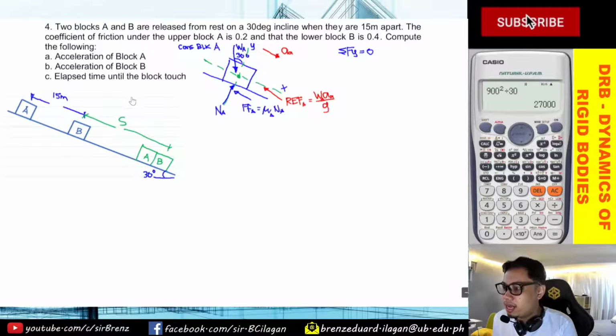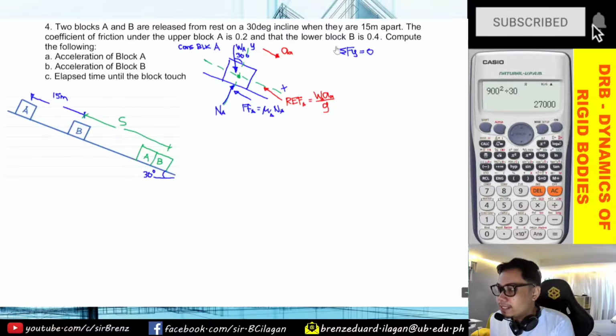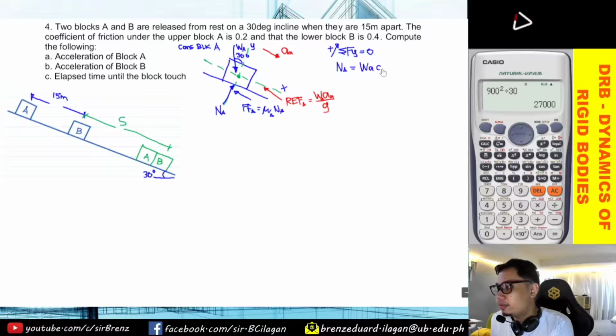I think it will cancel anyway. Going in this direction as positive, our normal force NA equals WA cosine 30 degrees.